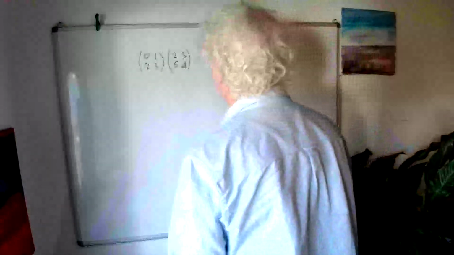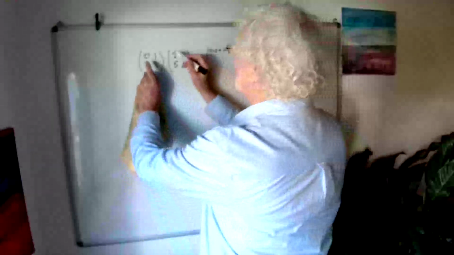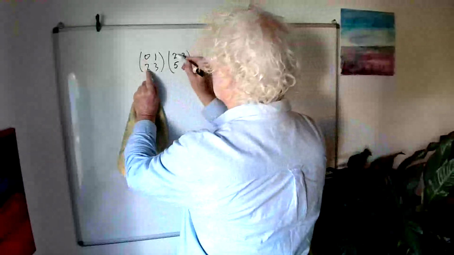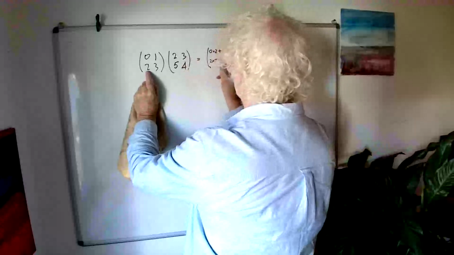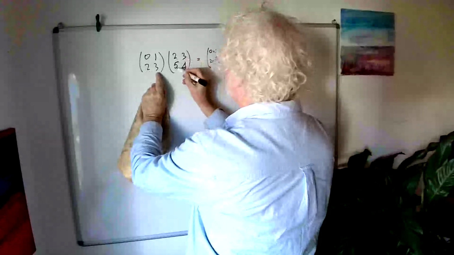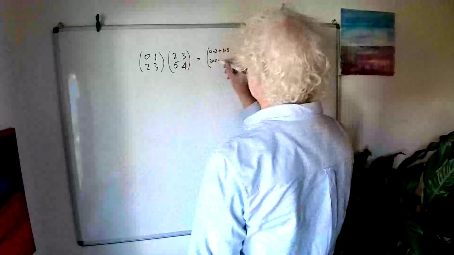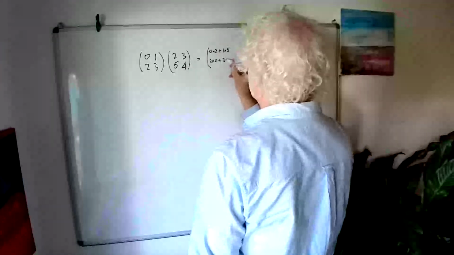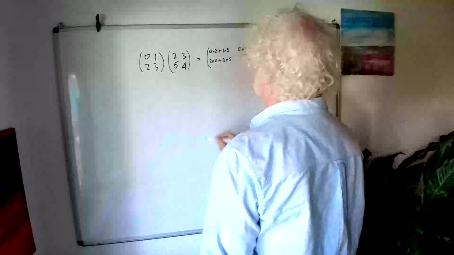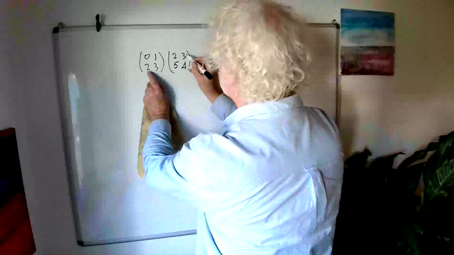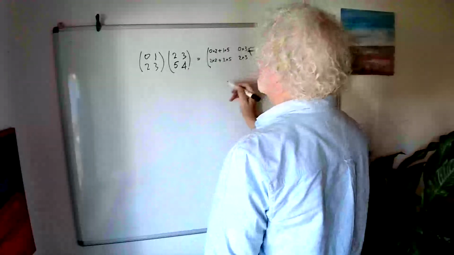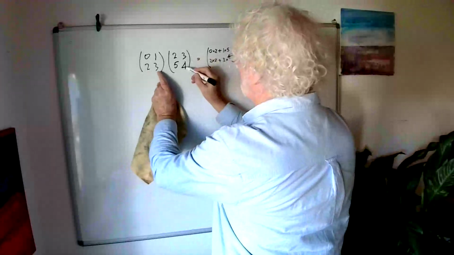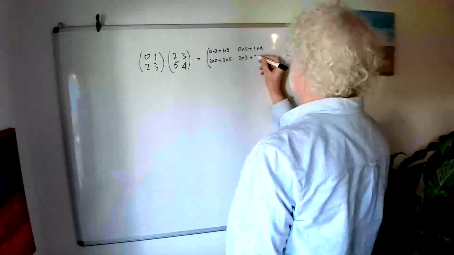And then the bottom row. 2 times 2 plus 3 times 5. And the last one is 2 times 3 plus 3 times 4.